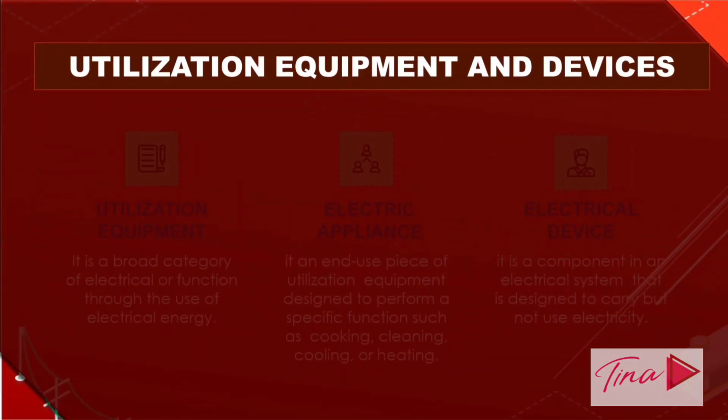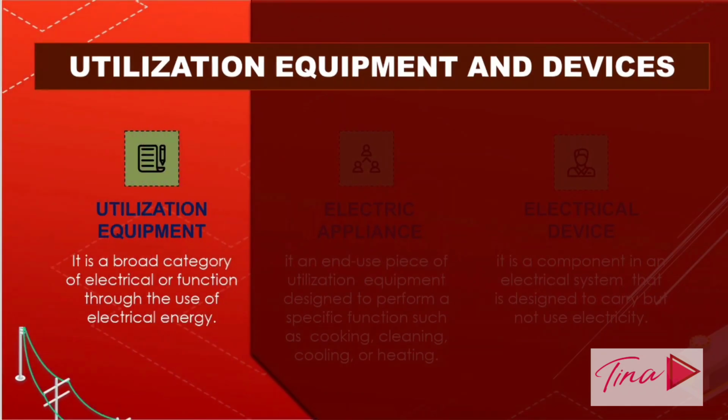Next is the utilization equipment and devices. Utilization equipment is a broad category of electrical or electronic machine or instrument designed to perform a specific mechanical, chemical, heating, or lighting function through the use of electrical energy.